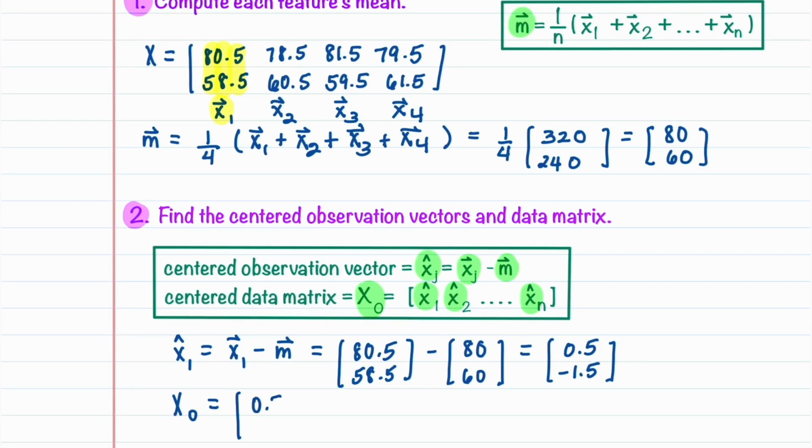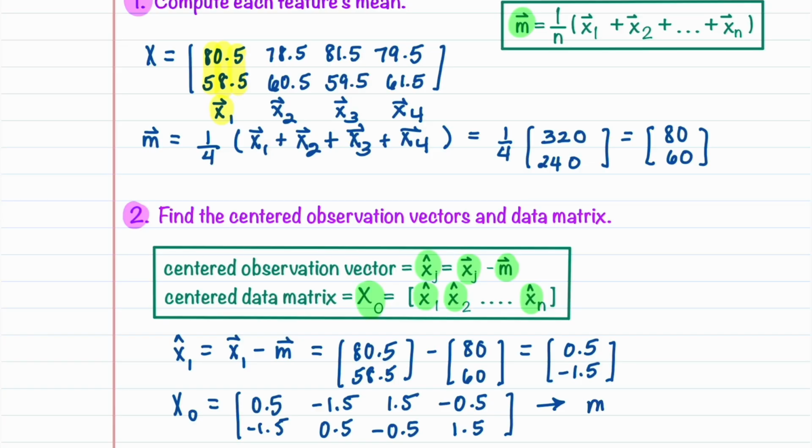It's 0.5, minus 1.5, and then we have minus 1.5 and 0.5, and then 1.5 and minus 0.5, and then finally minus 0.5 and 1.5. There's one other thing I want you to notice before we go on. If we were to compute the mean of this centered observation data, you can see if we add up all the entries in the first row, we get 0, and all the entries in the second row, we also get 0.